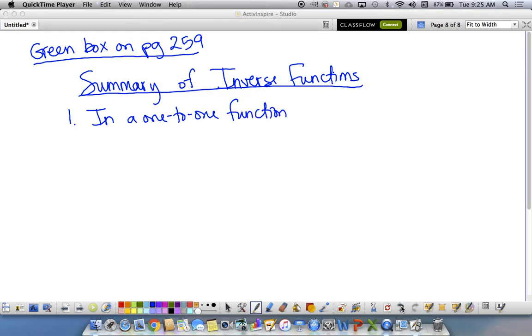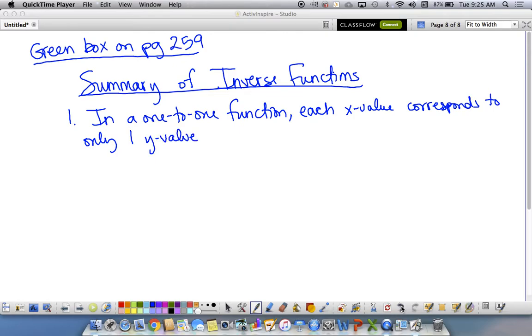In a one-to-one function, each x value corresponds to only one y value. Okay, that's the function, right?